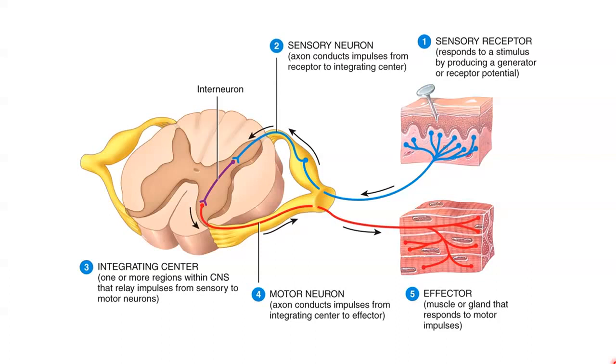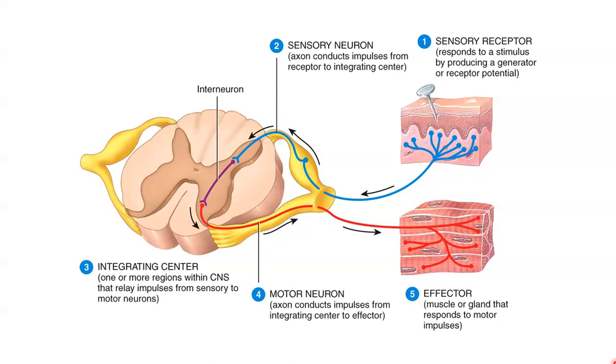The benefit of having the integration centre in the spinal cord means that our reactions or outputs can happen quicker and no conscious thought needs to be involved. Many of our reflexes serve protective functions, for example, how we reflexively pull our hand away from something that's hot. It's beneficial for this action to happen as quickly as possible and without the need for us to be actively thinking about it.